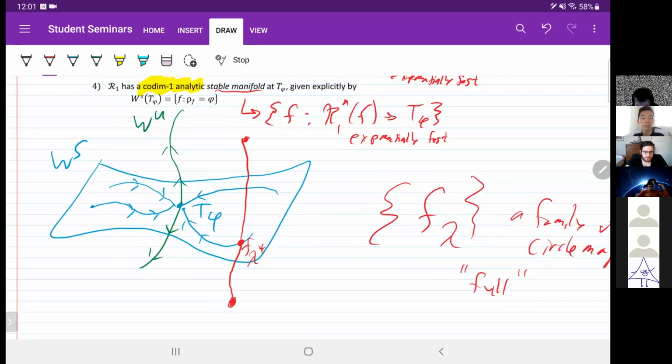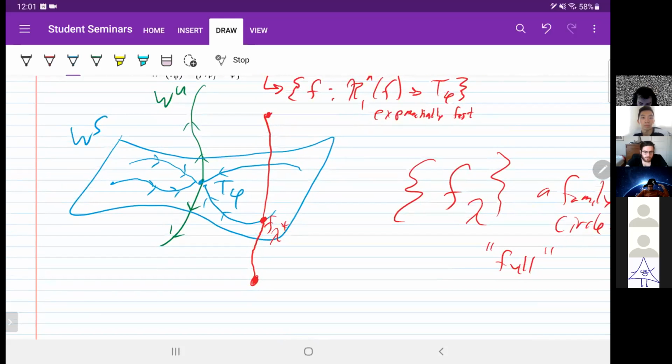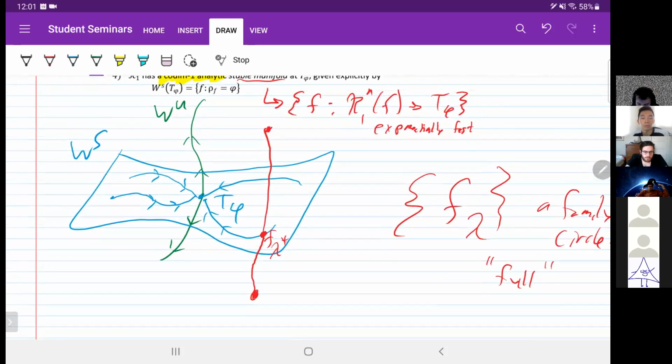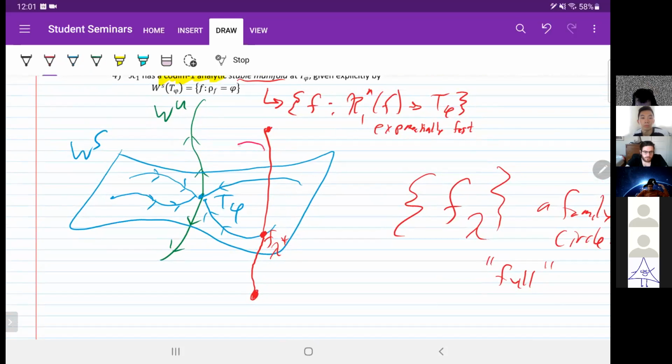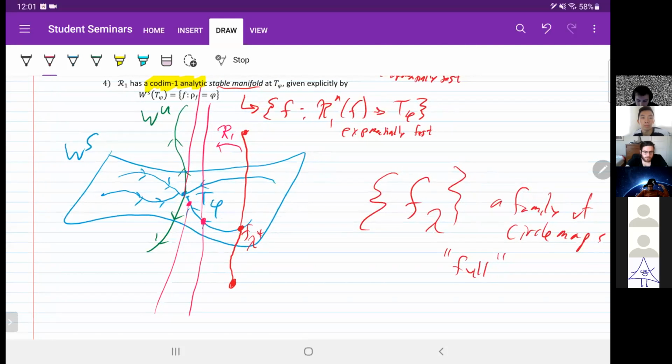And the point of all of this, in some sense, is that if I apply renormalization now to this family, the point that's in the stable manifold will move in towards the fixed point, and everything else will get stretched out and stretched out even further, so that the whole family will converge onto the unstable manifold.